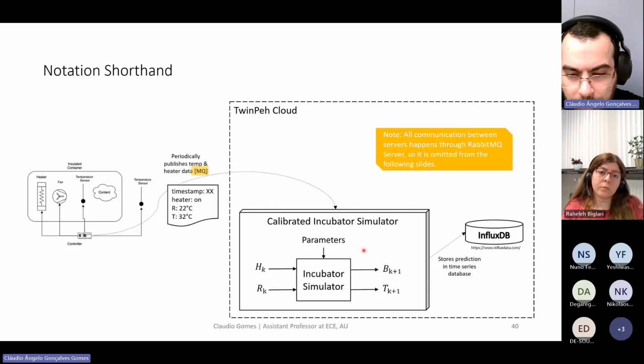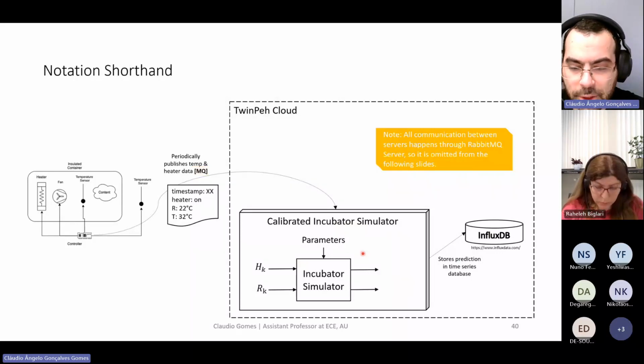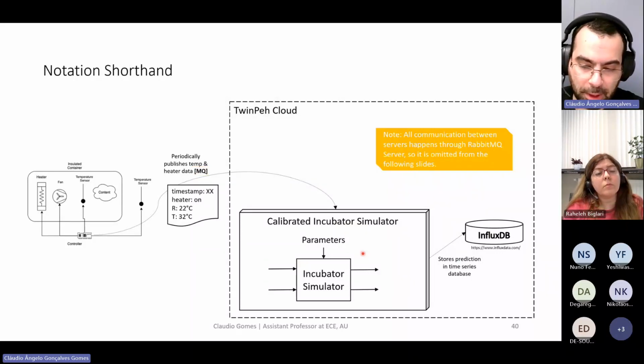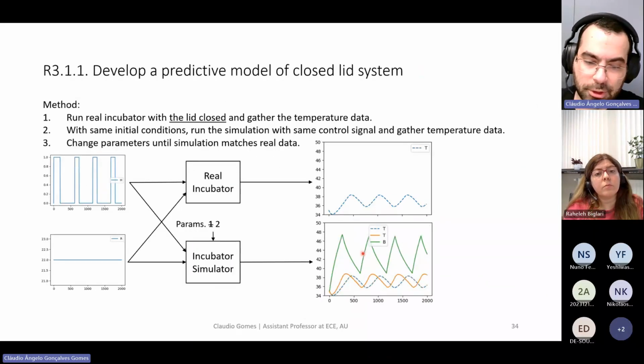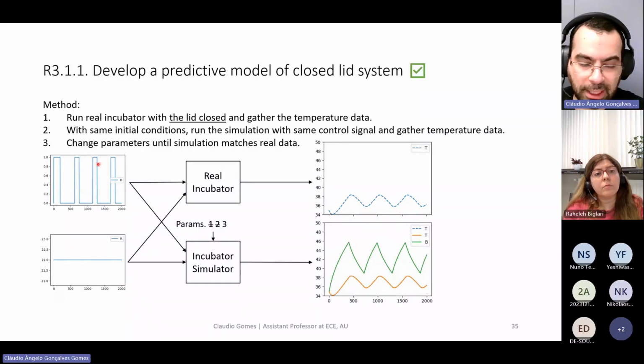I'm not showing you the details in this part because this is a bit more involved. But remember, the simulator is just something that takes a room temperature and a heater signal and gives you a prediction of how the temperature evolves for the duration of the heater signal and room temperature. It's not something that takes into account how the real incubator is behaving. But a state estimator has that crucial difference that it is taking into account the real data in estimating the next temperature.